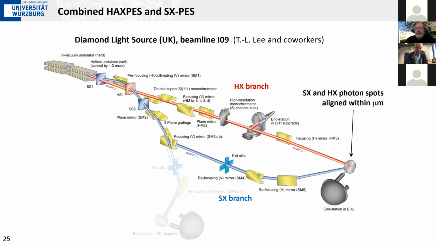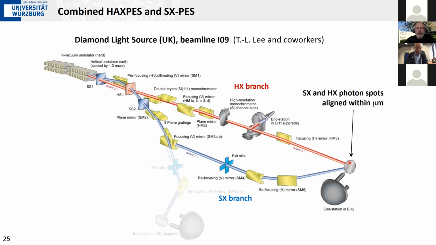And the trick here is that you focus both beams on exactly the same location on the sample. Now you have to know that the photon spots are of the order of a few microns. So it's typically 10 micron diameter. And both photon spots are aligned in such a way that they're really overlapping.